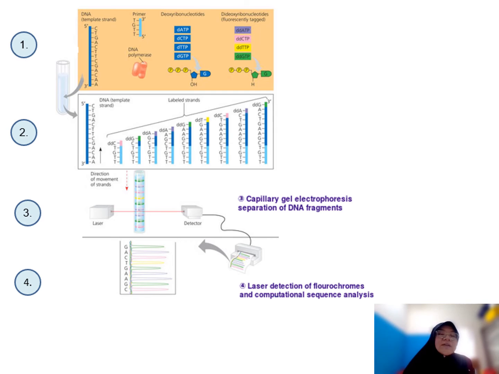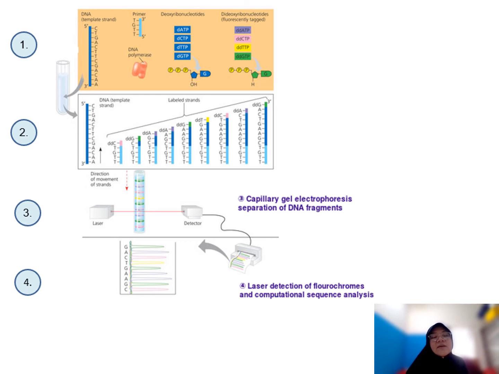Okay, so here because of the termination, okay, bind and terminate. Okay, so nanti kita akan dapat numbers of fragments of DNA at different length. Okay, and then run, okay, dekat gel electrophoresis. Okay, paling ringan akan bergerak paling pantas, okay, to the negative pole. Paling berat lambat lah.